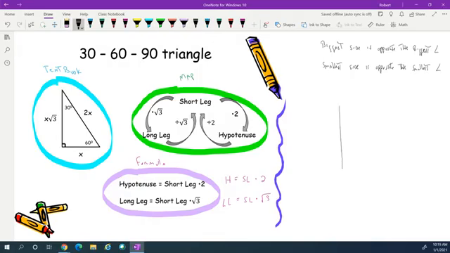So if we think about our triangle, and this is true for all triangles, not just 30, 60, 90, we already know that the right angle, that's the biggest angle, is opposite the hypotenuse, which is the longest side.